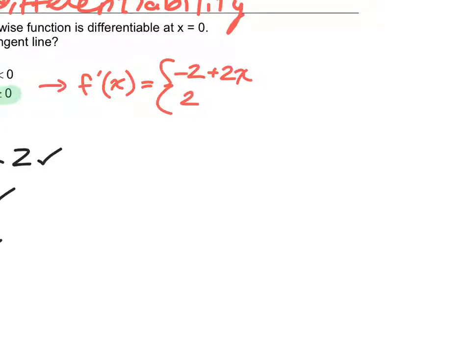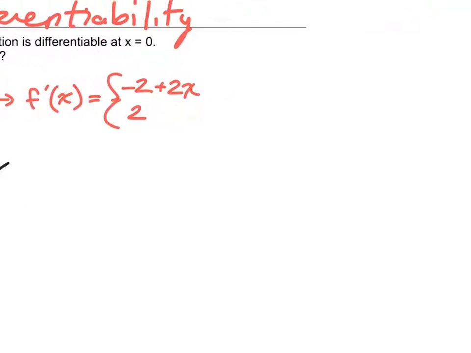So now I just have to indicate what my conditions are. If x is less than 0. If x is greater than or equal to 0. So I have my derivative. I need to make sure that the slopes are going to jive from the left side and from the right side.